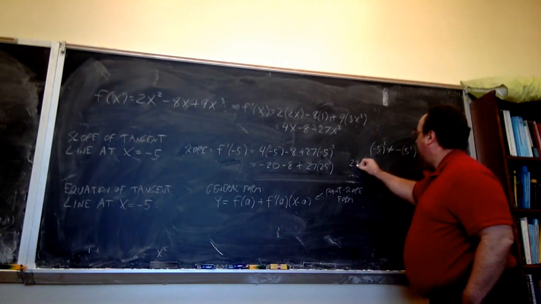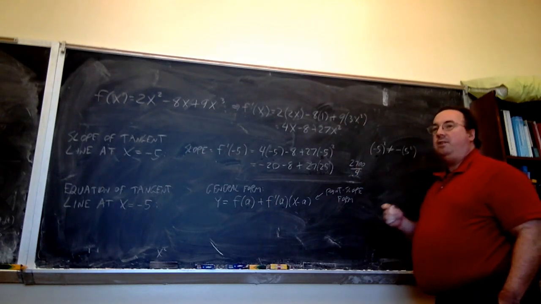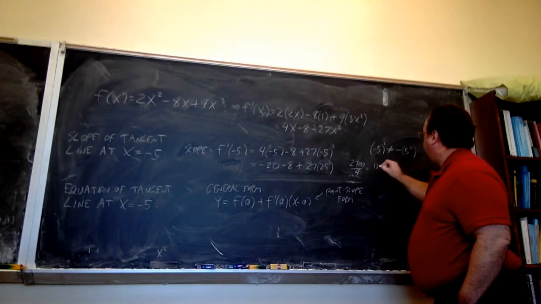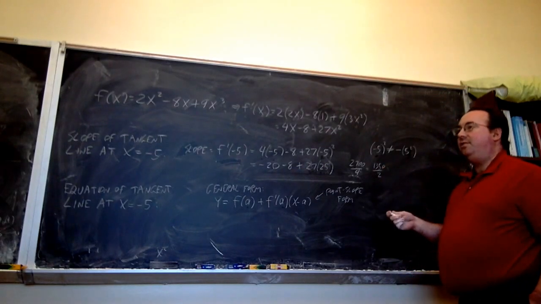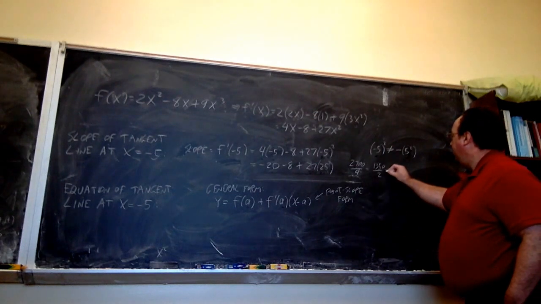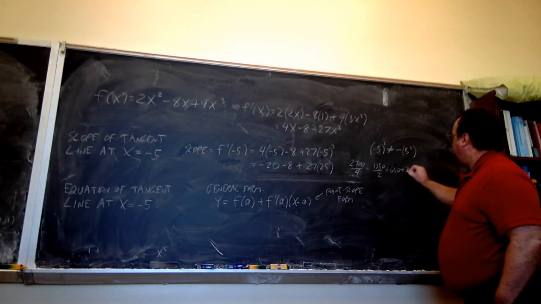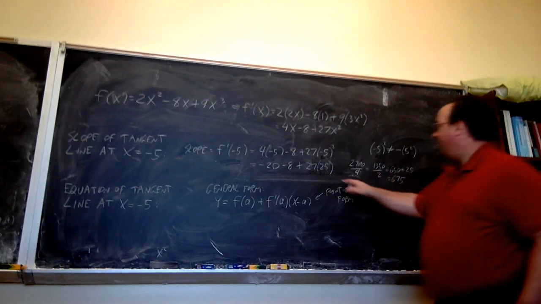Well, 27 divided by 2, that's 13 and a half. So we'd have 1350 over 2. 1300 divided by 2 is 650. 50 over 2 is 25. So we get 675. So that is this term.